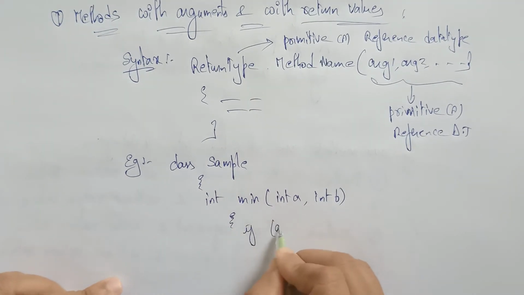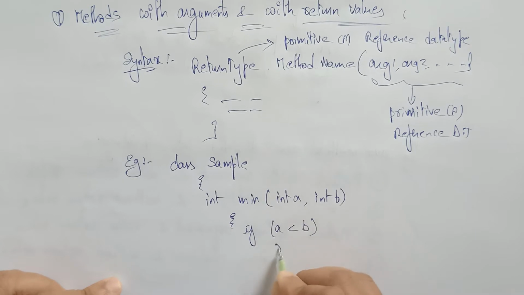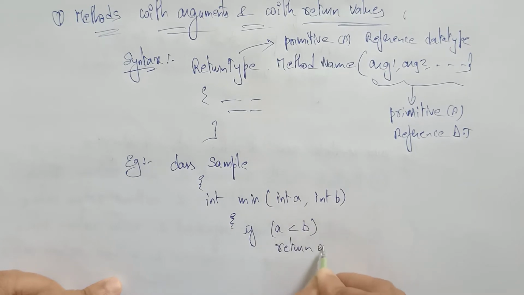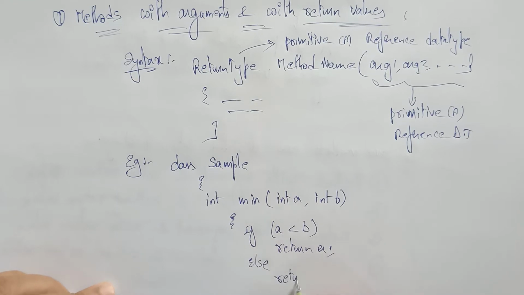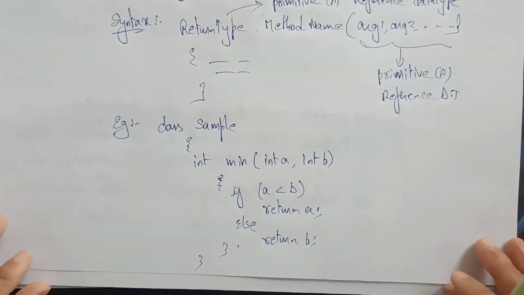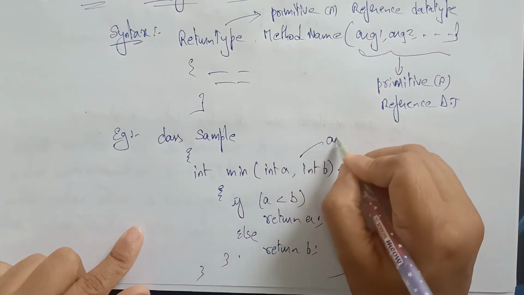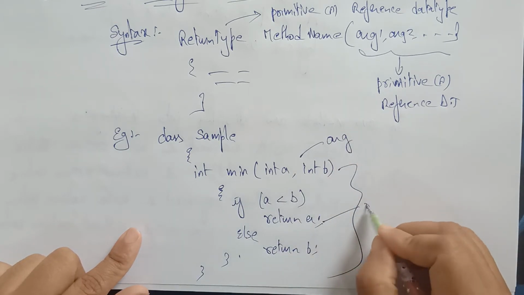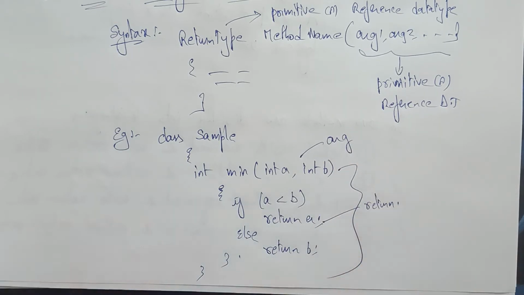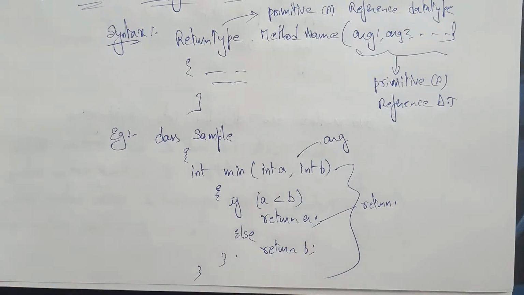If a is less than b, return a, else return b. So this is a logical snippet. What I am showing here is a method consisting of arguments as well as return values.